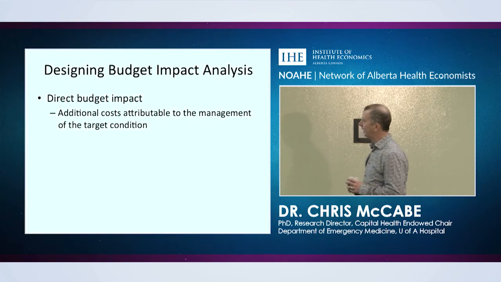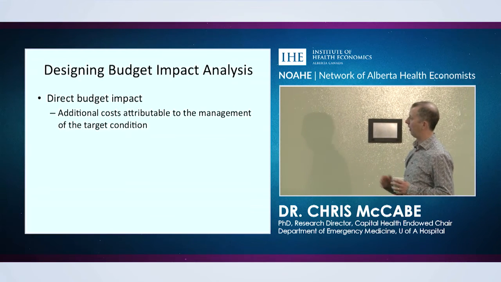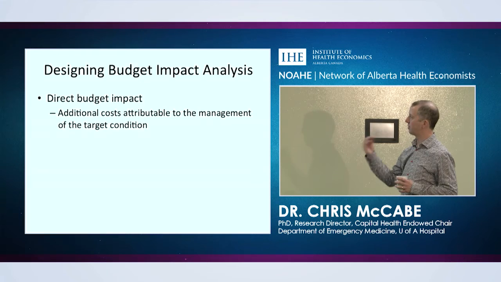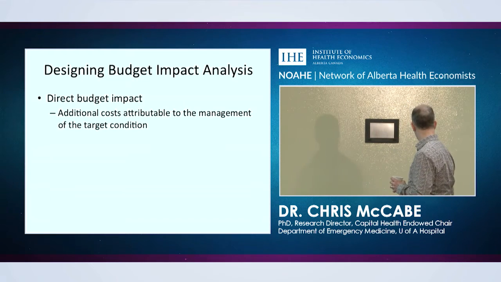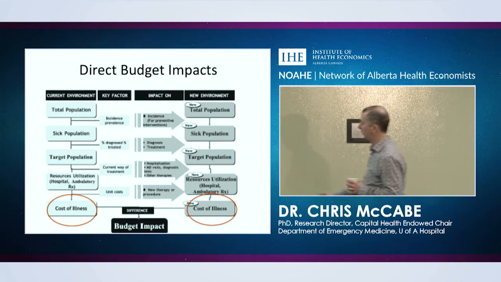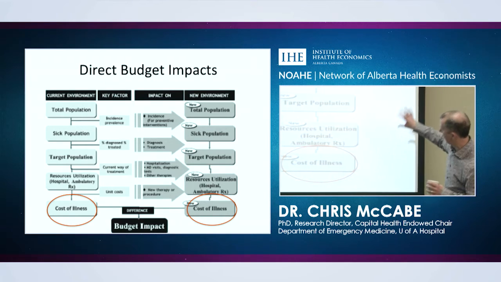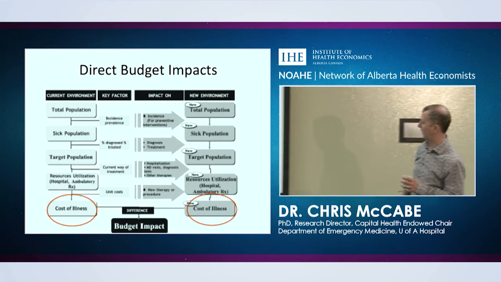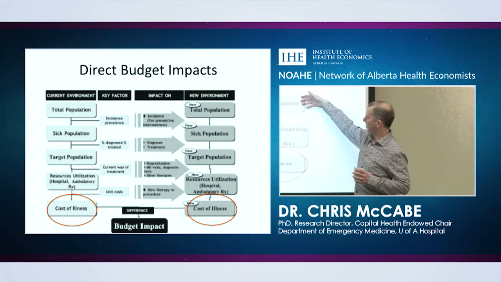It's good to be clear when you're talking about direct budget impacts, which are your costs attributable to the management of the target condition. It's the difference in the costs of the target population.